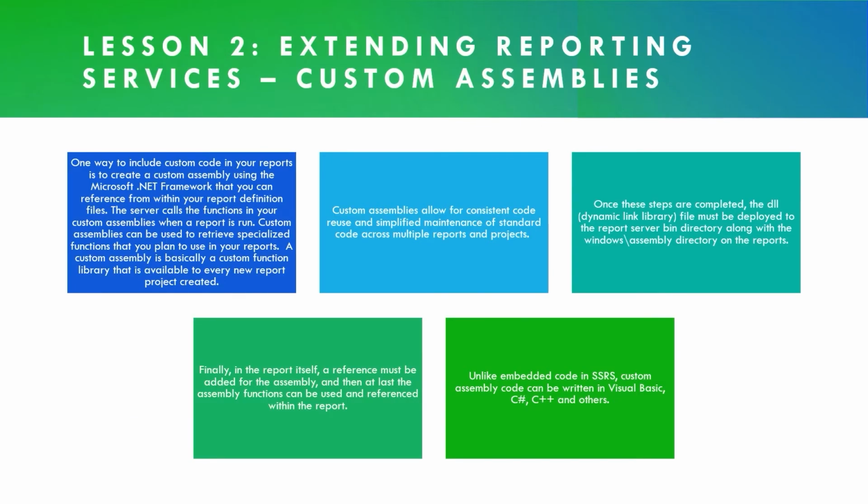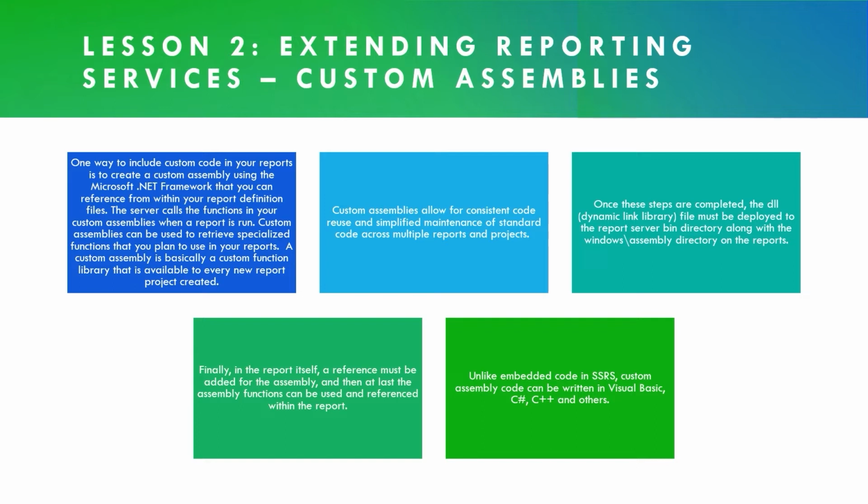Our second lesson here is extending reporting services by creating custom assemblies. So this is another way of including custom code in your reports, and it's created using the Microsoft .NET framework that you can reference from within your report definition files. The way it works is the server calls the functions in your custom assemblies when a report is run.